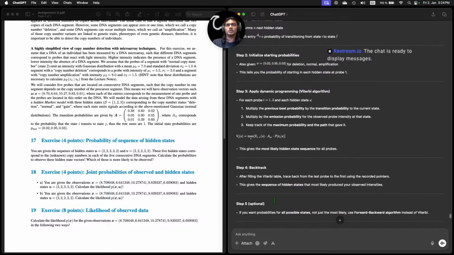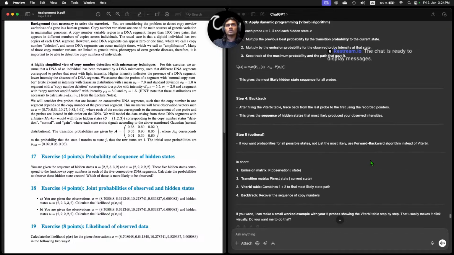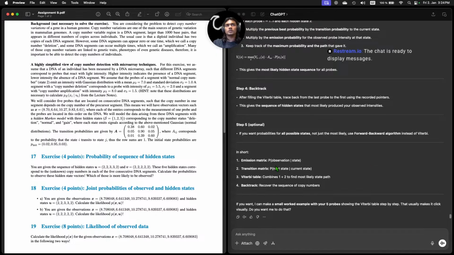Backtrack. Calculate the probability. Transition matrix. Viterbi table. Backtrack. Recover the sequence of copy numbers.